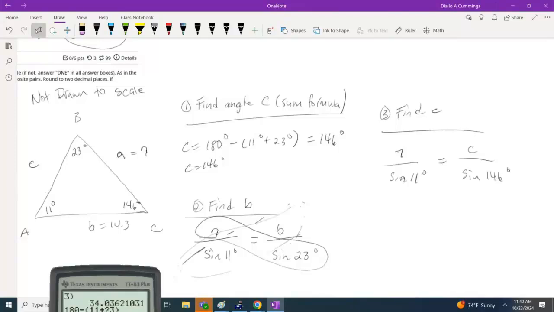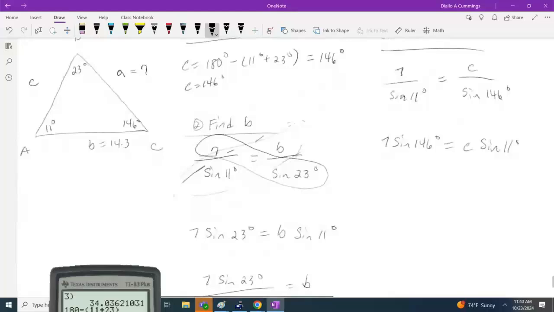So 7 times the sine of 146 is equal to C times the sine of 11 degrees. The opposite of multiplying C by the sine of 11 degrees is divide by the sine of 11 degrees.